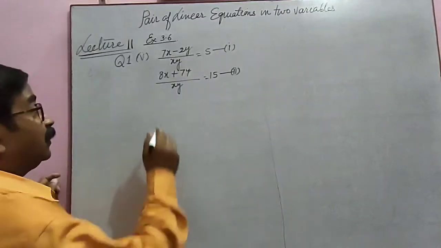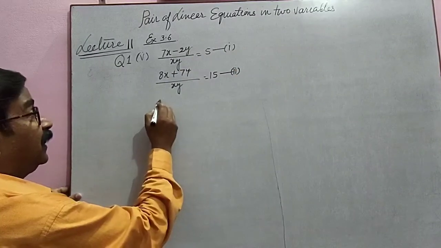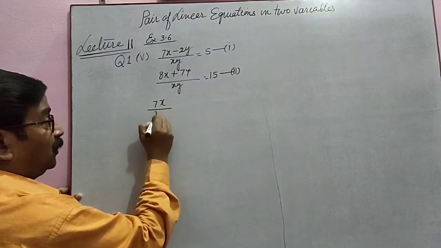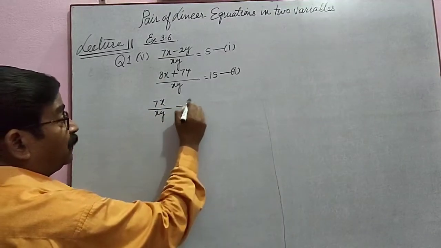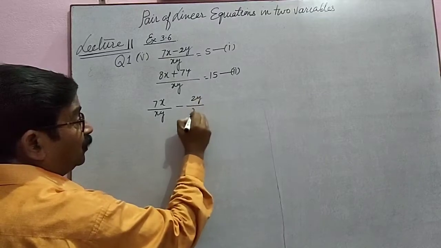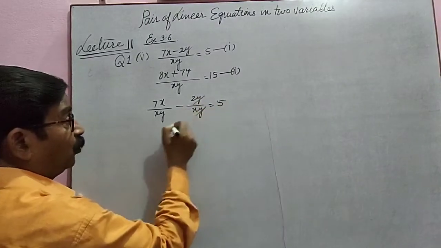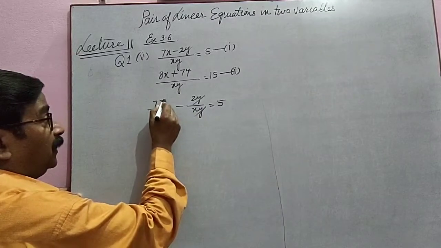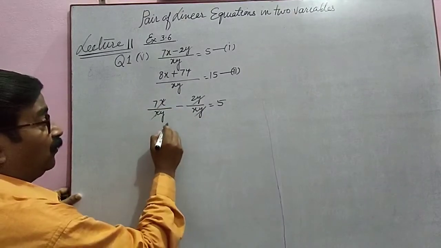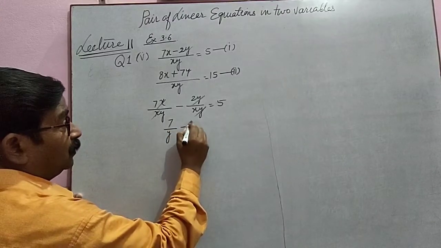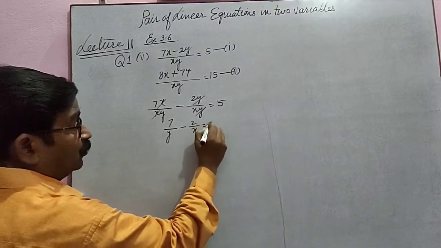Let's see how to reduce. We can write 7x upon xy minus 2y upon xy is equal to 5. y and y will go. Here x and x will go. So what we have? 7 upon y minus 2 upon x is equal to 5.